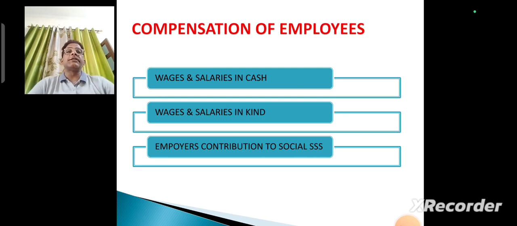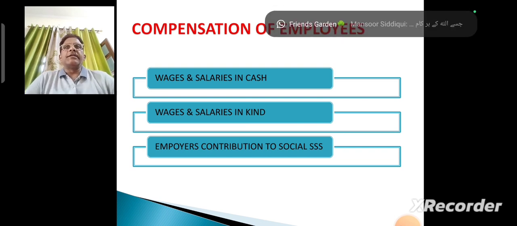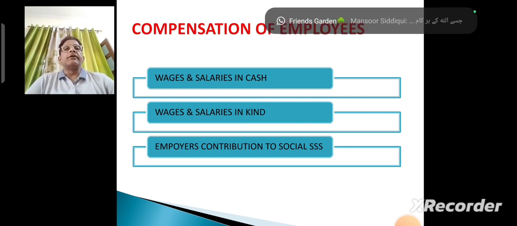Various insurances are there, and towards these schemes, what happens is, for example, if I talk about the provident fund, when the people work in the organization, then every month a certain nominal amount of money is deducted from their salary and credited into the provident fund account of the concerned employee.